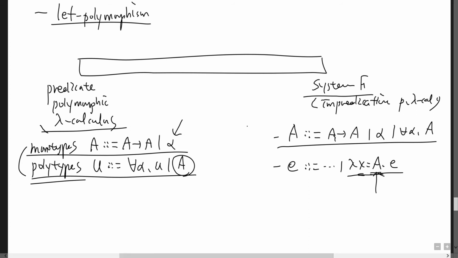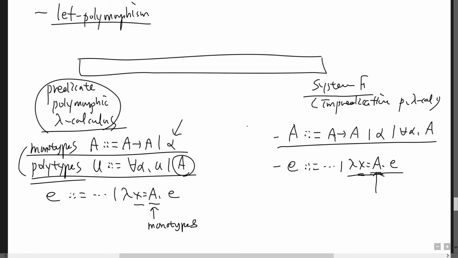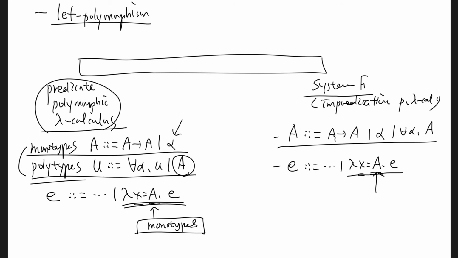But in the case of predicative polymorphic lambda calculus, expressions have this lambda abstraction where the type for the variable is restricted to monotypes. So in other words, this lambda abstraction can take as an argument only expressions of monotypes, not polytypes. So that's the main restriction placed on predicative polymorphic lambda calculus.